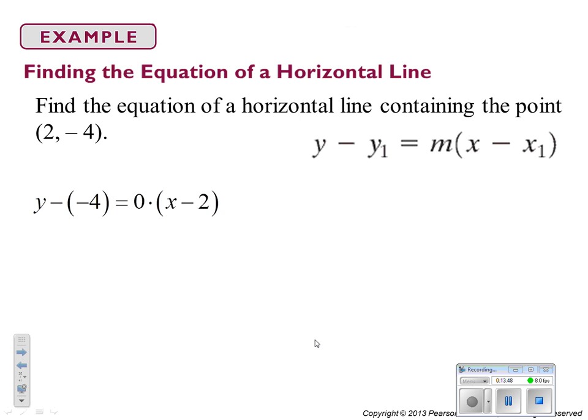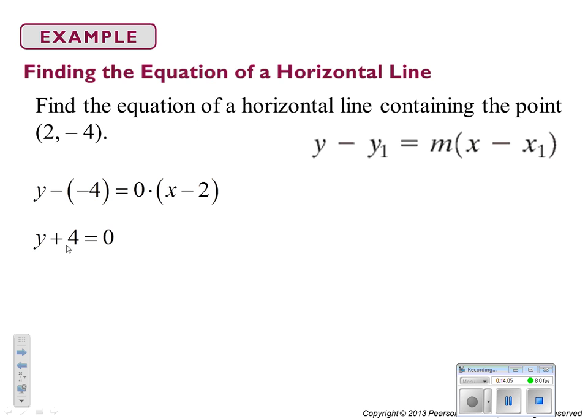Got this? Let's see this one more time. If I have a horizontal line, my slope automatically is 0. I get y minus -4, because that's our coordinate, equals 0 times x minus our x coordinate 2. This simplifies to y plus 4 equals 0, or y equals -4.